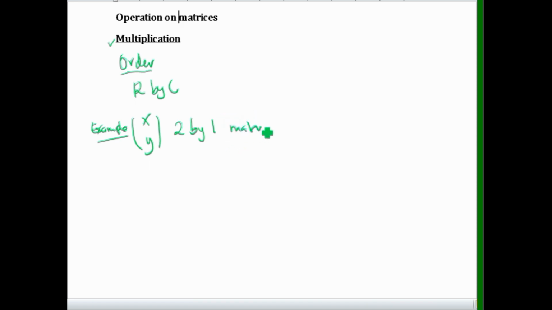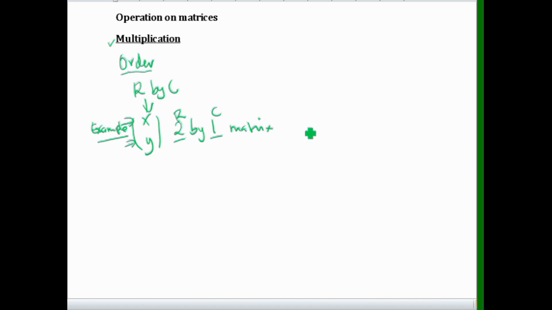Yes, because the number of rows here are 1, 2, 2 rows, and columns is only 1. That is why we call this kind of matrix here a 2 by 1 matrix.